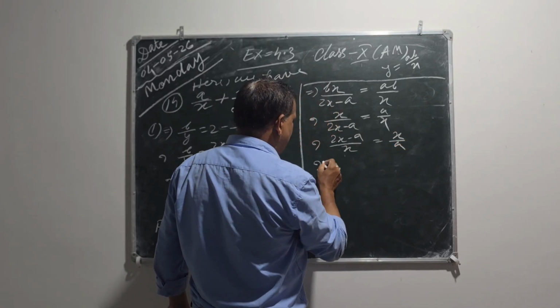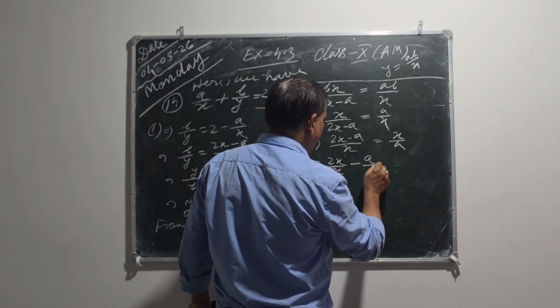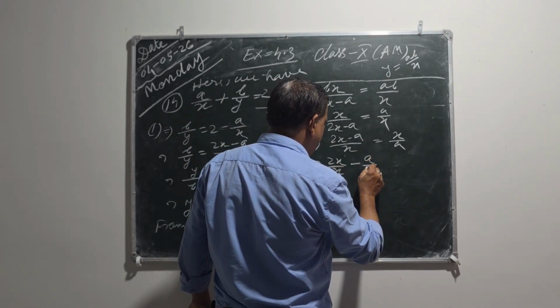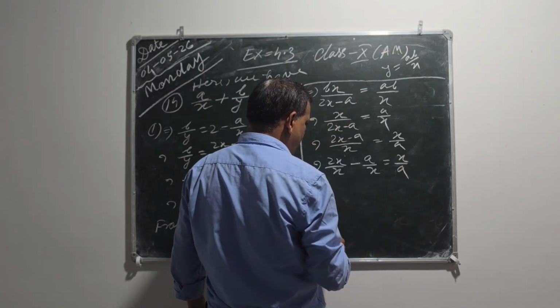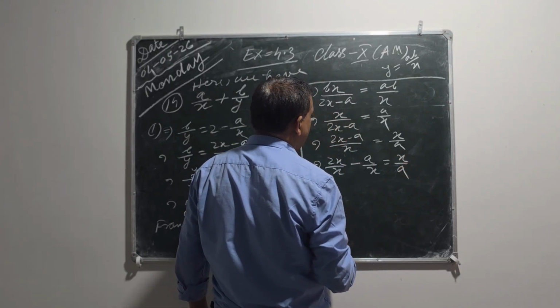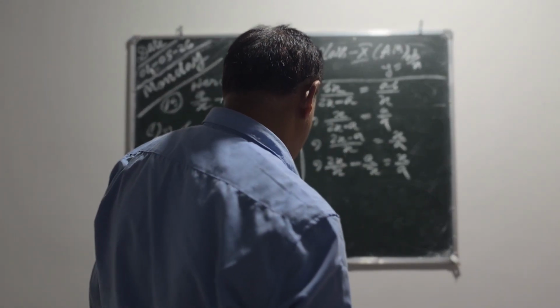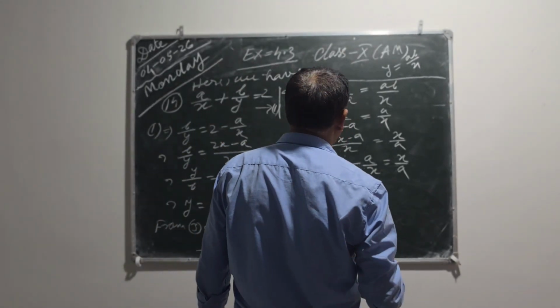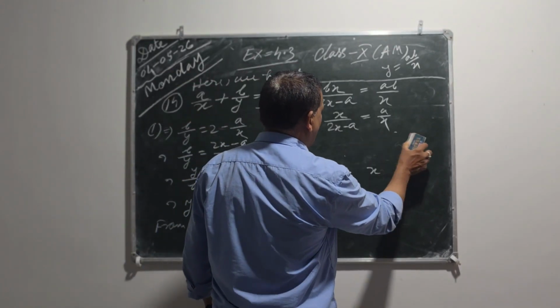So this can be written as 2x divided by x minus a by x equal to x by a. So it is better to simply cross multiply it, then we cannot remove it. So instead of this, I think it will be better to cross.